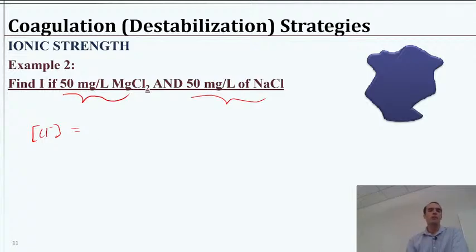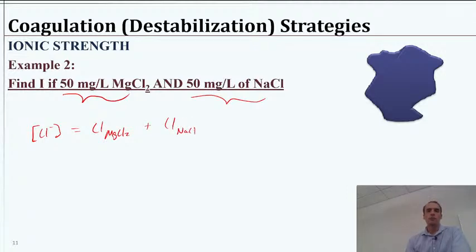It sounds obvious when I say it, but we're only going to include it in our ionic strength calculation once, because when we say the concentration of chloride, we mean the total concentration, the concentration of the solution. So this is going to be the Cl from MgCl2 and the Cl from sodium chloride.